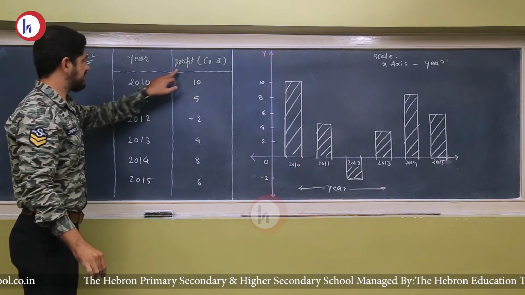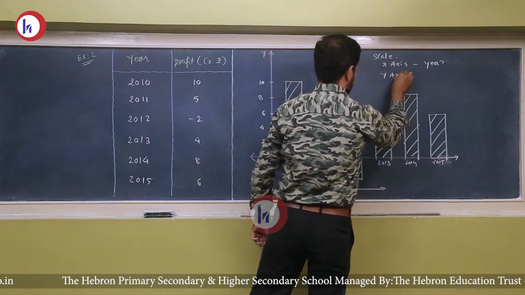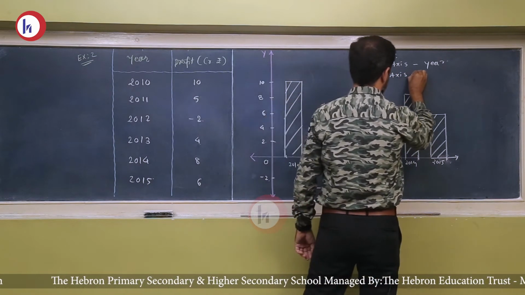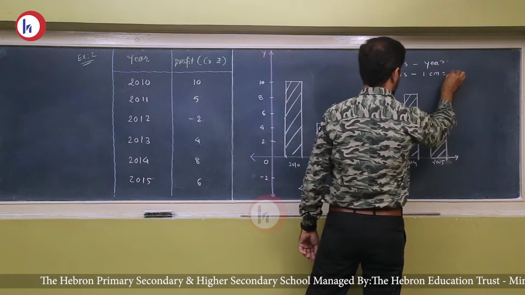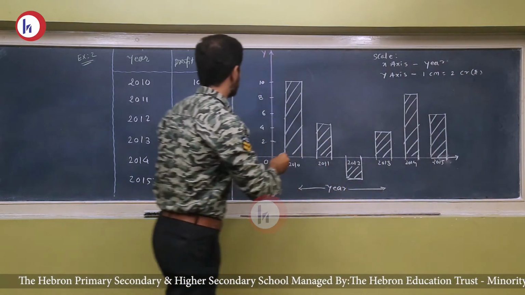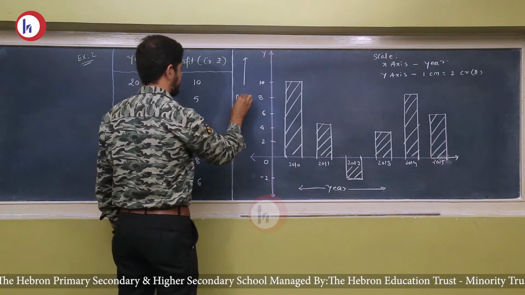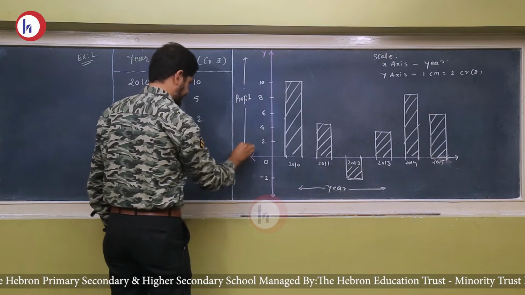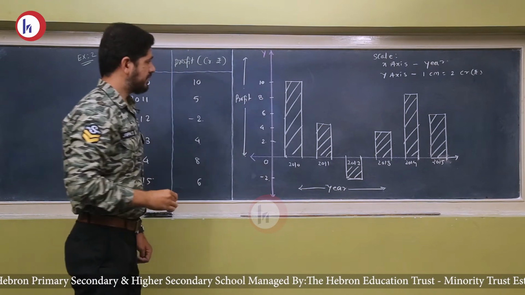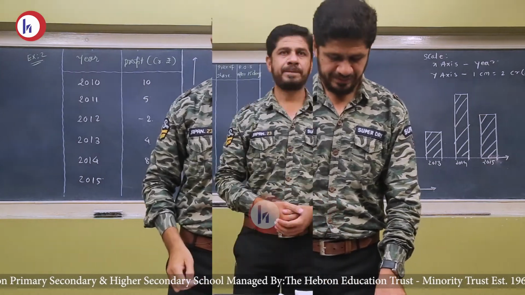On the y-axis there are profits. So on the y-axis, 1 centimeter is equal to 2 crore. Okay, so on the y-axis it is profit. Okay, let's come to the next one.